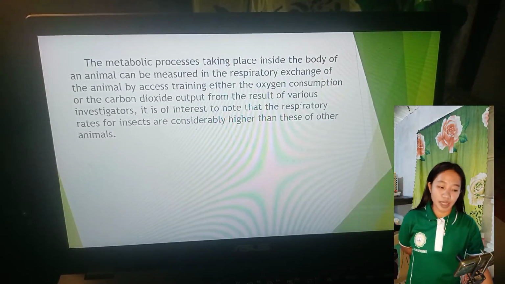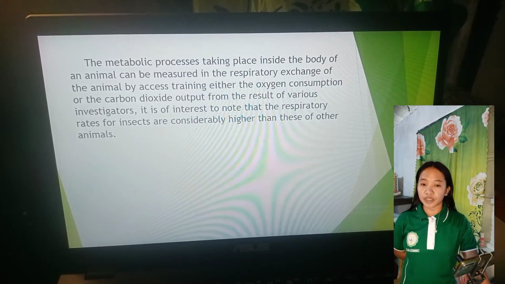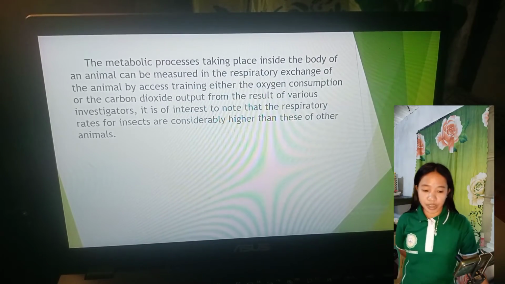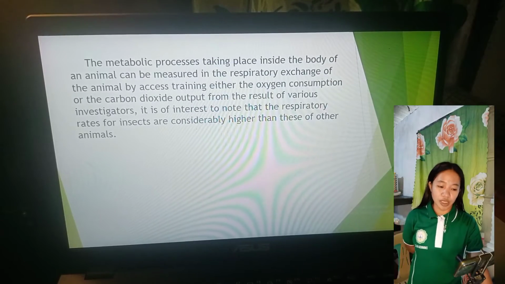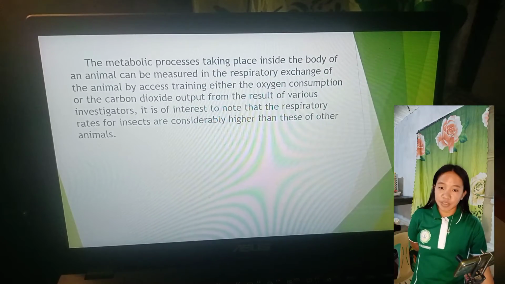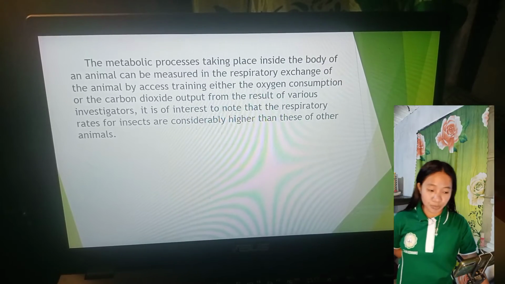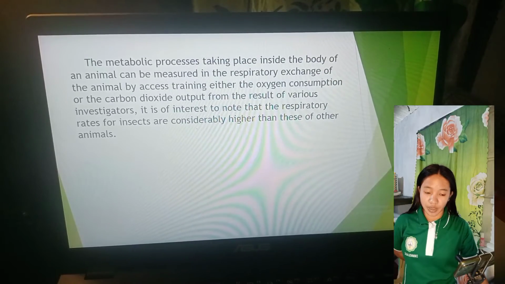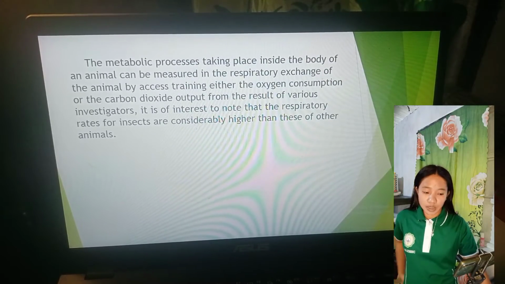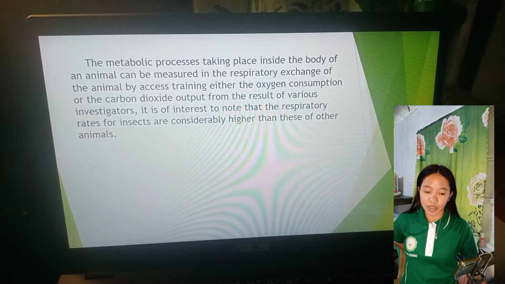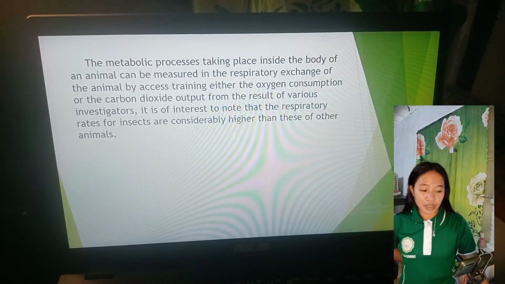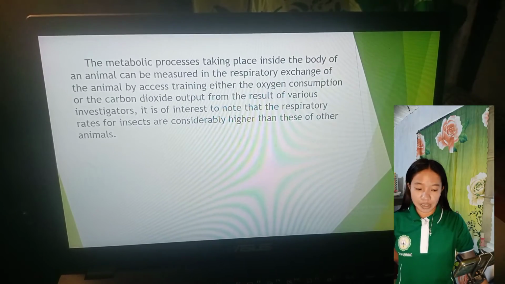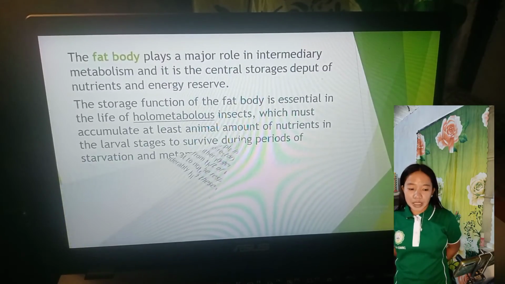The metabolic process taking place inside the body of an animal can be measured in the respiratory exchange of the animal by ascertaining either the oxygen consumption or the carbon dioxide output. From the results of various investigators, it is interesting to note that the respiratory rates of insects are considerably higher than those of other animals.